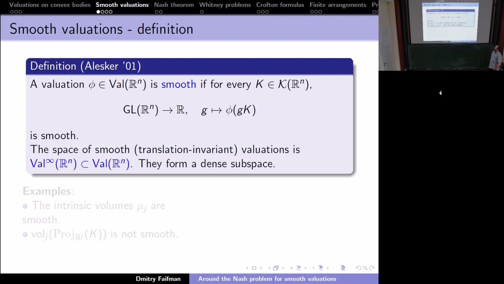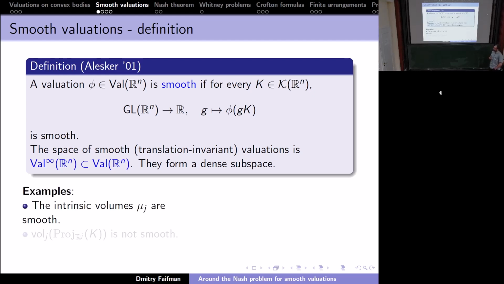So we will denote the space of smooth valuations like so, with an infinity, like smooth functions, and that's a general important fact: they are a dense subspace with respect to a certain topology that I have not defined here.